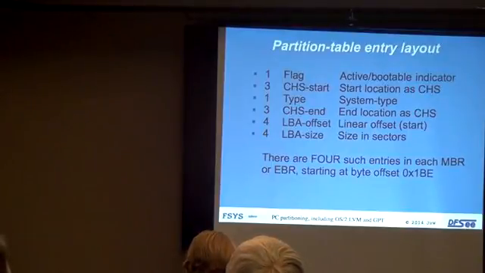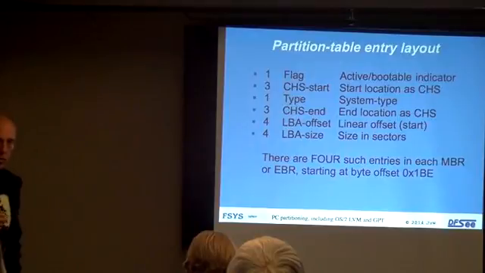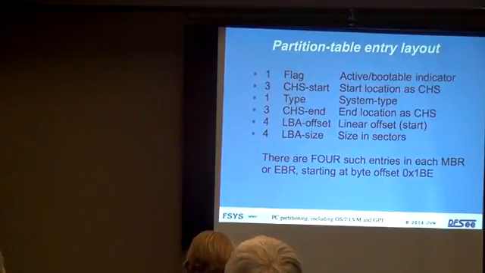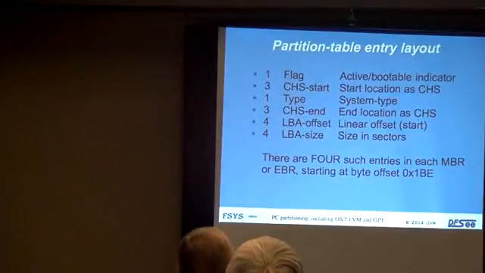There's also a linear value coded there, so it says something like this partition will start at sector such and such, and it's so many sectors in size. And there's a problem with the CHS stuff, in that it's limited in size, extremely limited. It can only describe up to 1024 cylinders, and depending on what the geometry is, that's just a couple of gigabytes in size.